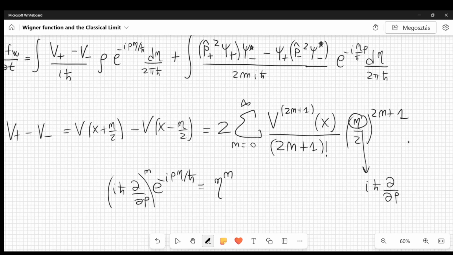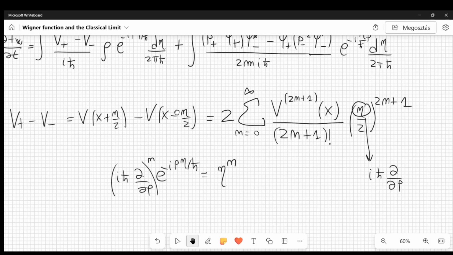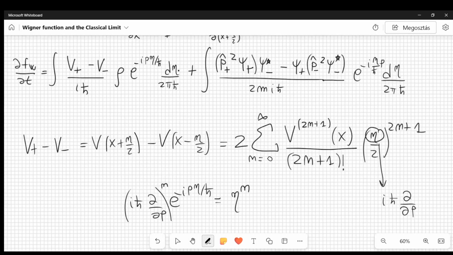And this will allow us to rewrite the expression. Once we integrate over eta, what we will be left with is just some operator that contains p. We have this expansion, and then we will also have some derivatives that contain p, but f_W will appear again. Why?